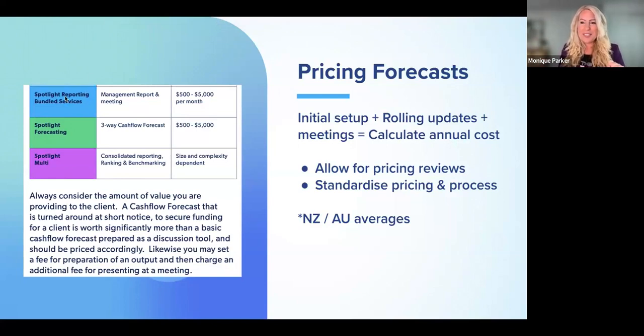And one thing I think is really interesting that we hear sometimes that holds firms back from starting to promote and deliver forecasting services is partner bottleneck. So if a partner has to do a fully bespoke quote or proposal for every service or every forecast, it's really going to slow the whole process down.